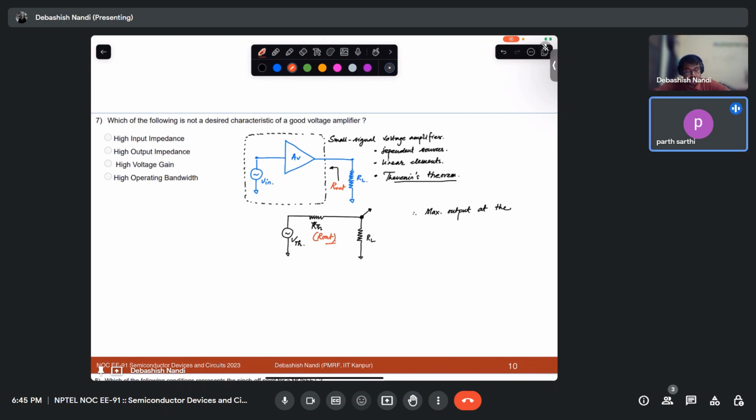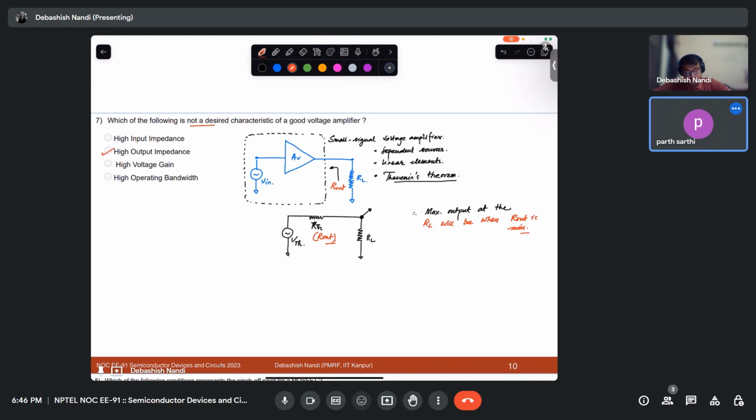So maximum output at the RL will be when R out is minimum, right? So it is not desired, right?